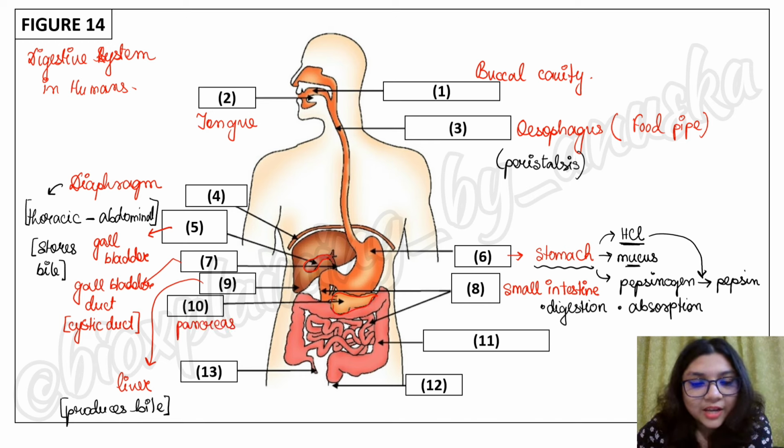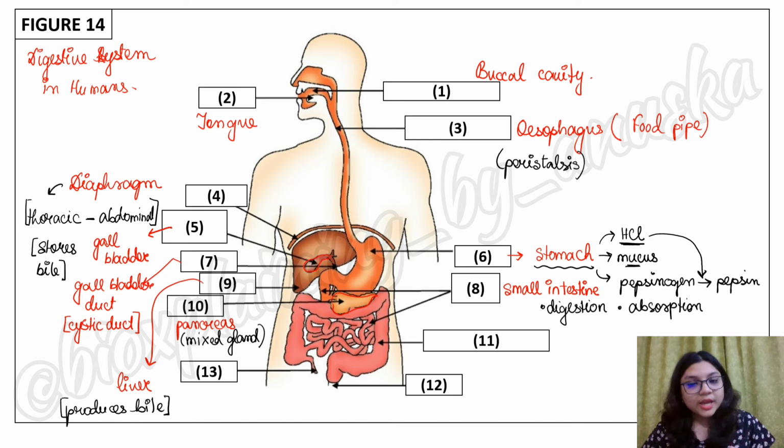Pancreas has very important roles. We call the pancreas the mixed gland. Why mixed gland? Because it has both exocrine and endocrine functions. The exocrine function is that it will secrete the pancreatic juice, which has pancreatic amylase and pancreatic lipase that will digest the food. And it also has endocrine functions.